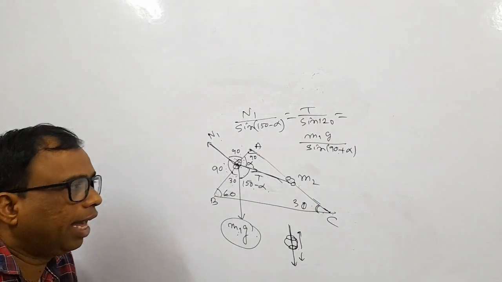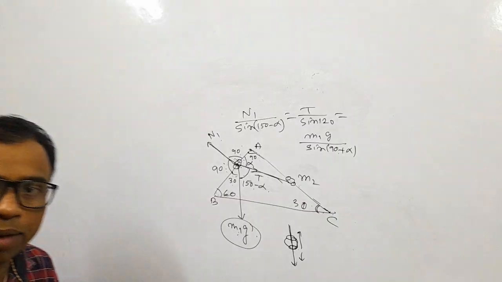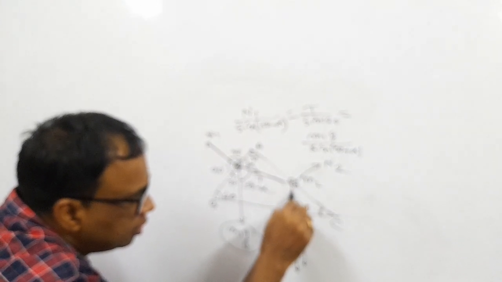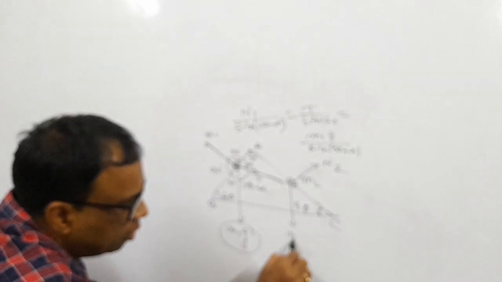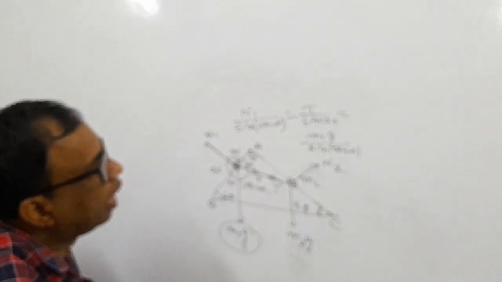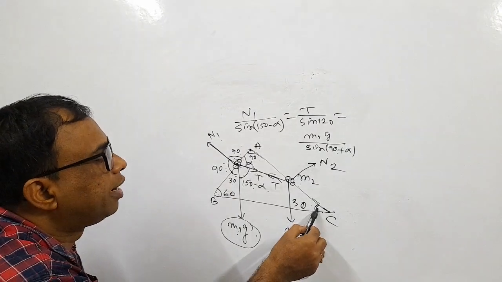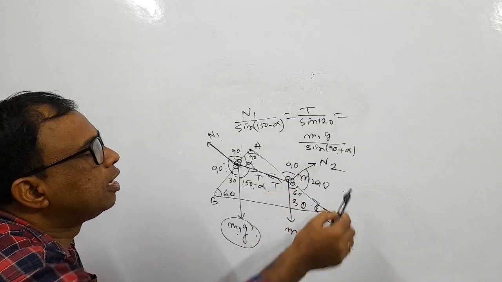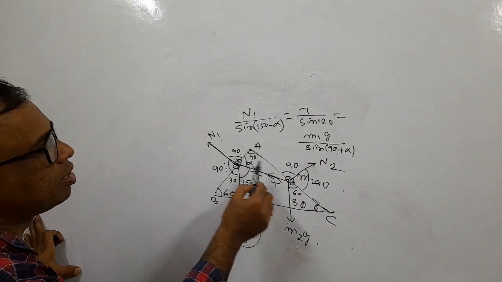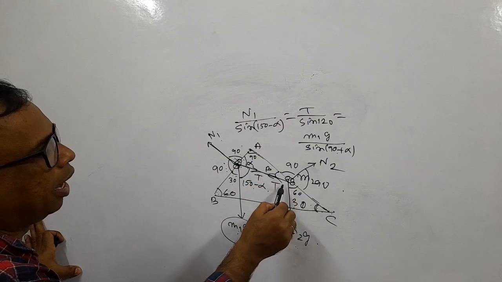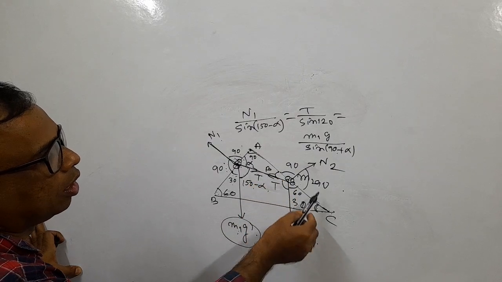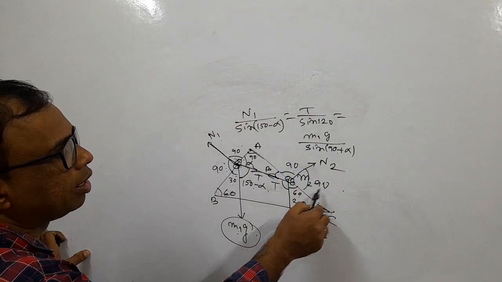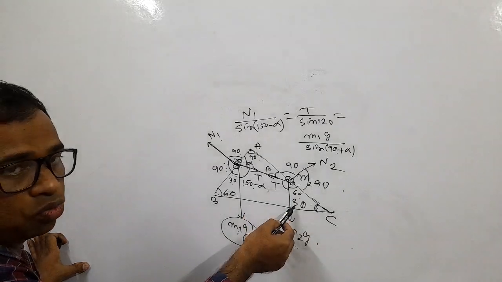And again for the second body, you can easily apply Lami's theorem. Here is the normal reaction, this is M2G and this is tension. Again you can find angles. This is 30, 90, so this should be 60, and this is 90 and this is 90. If it is beta, you find this angle: 90 plus 90 is 180, plus 60 gives 240, and 360 minus 240 is 120.